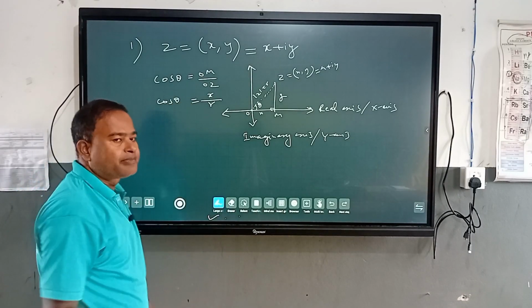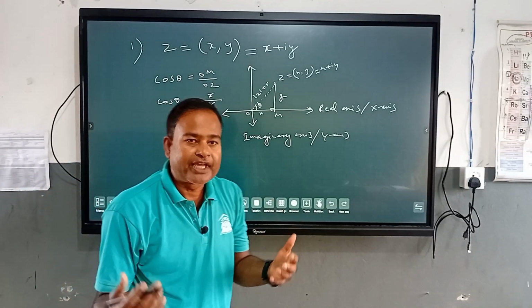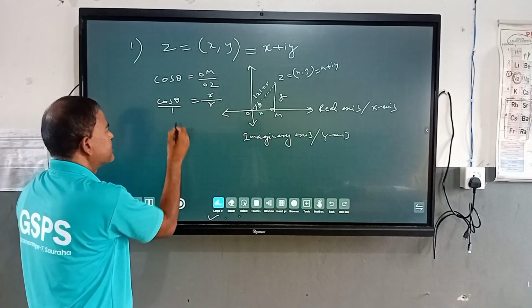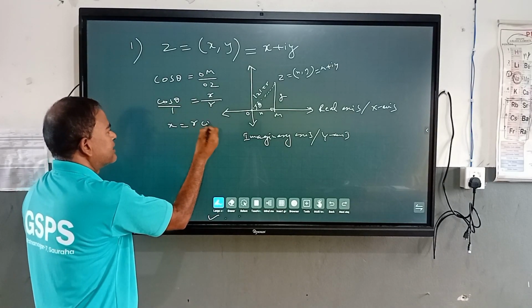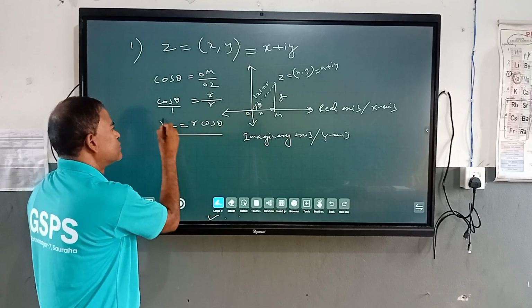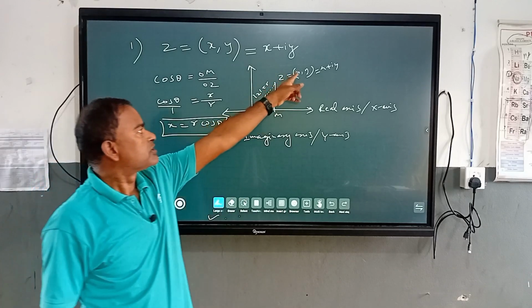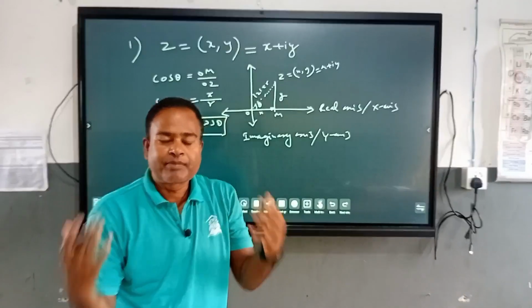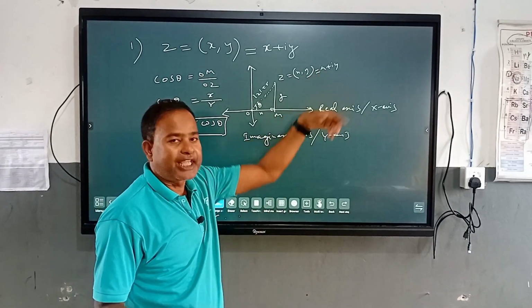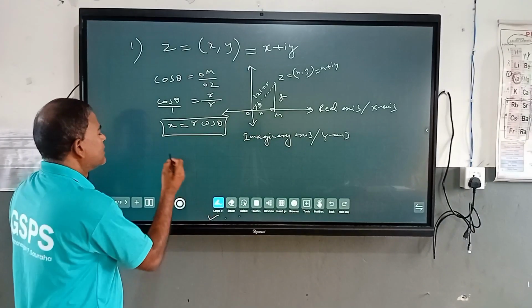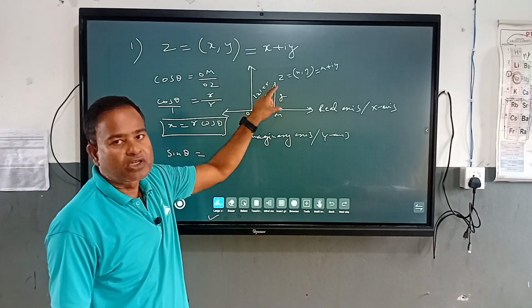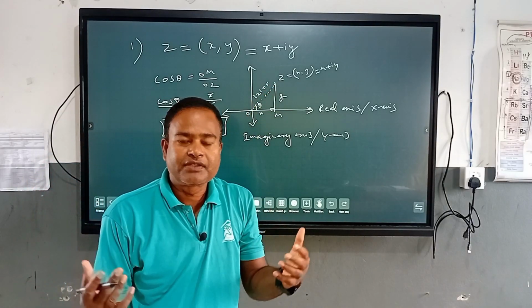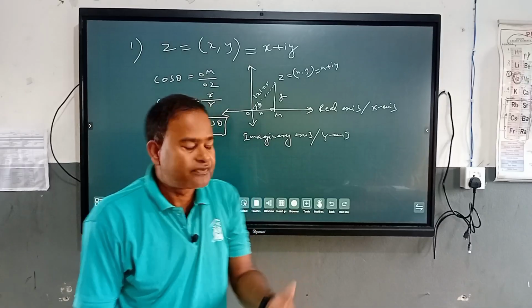So after cross multiplication, we get the value of x equals r cos theta, r times cos theta. So this is the x component, or we can say the real part of the complex number x plus iy. Now let's find out the y component, or the imaginary part of the given complex number in the trigonometric form.